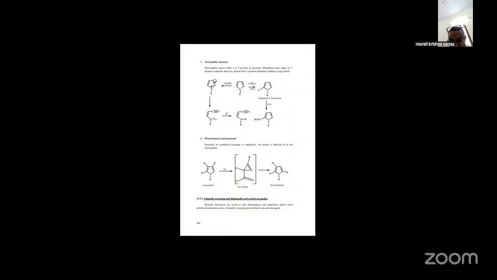Nucleophilic displacement reaction, nucleophilic reactions. If a nucleophile attacks, nucleophile attacks at either the C3 or C5 position in pyrazole.